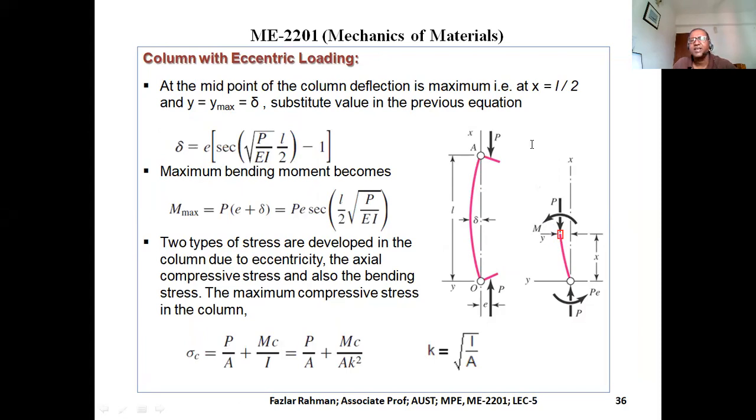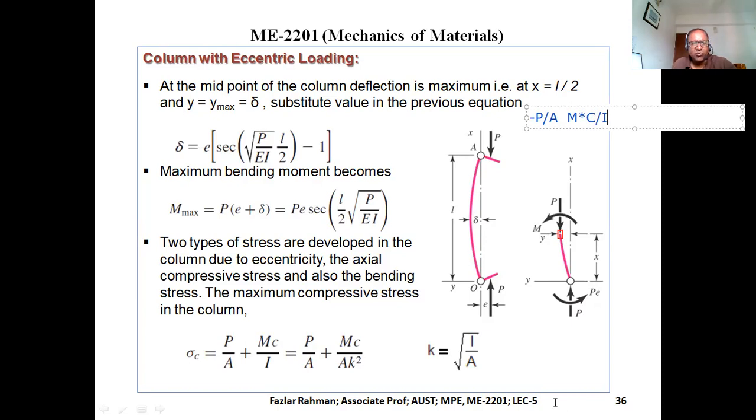One is axial compressive, so I can say minus P by A. Then you have bending stress. What is the bending stress? Sigma equals MC over I, so that will be M max C by I. But I didn't put the minus sign yet.